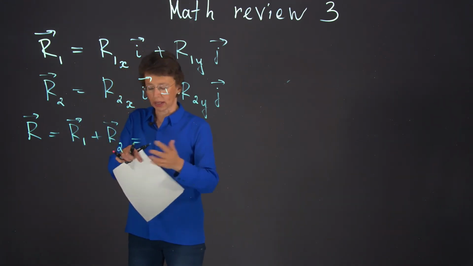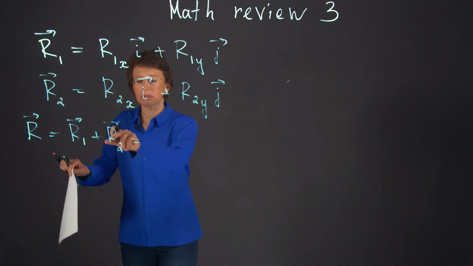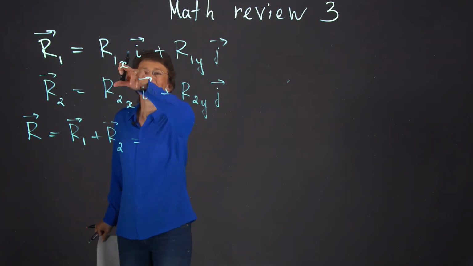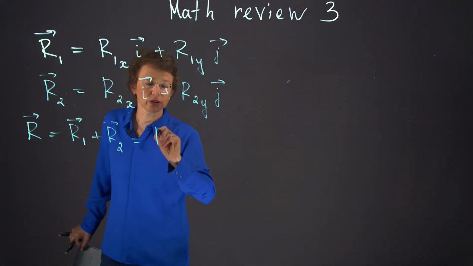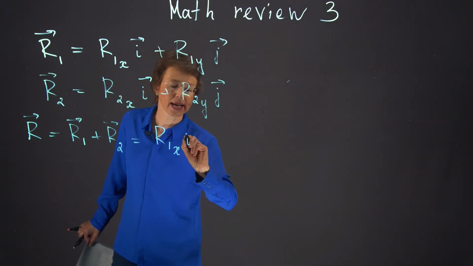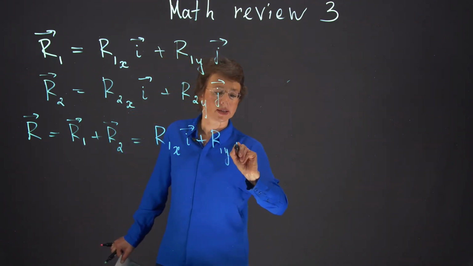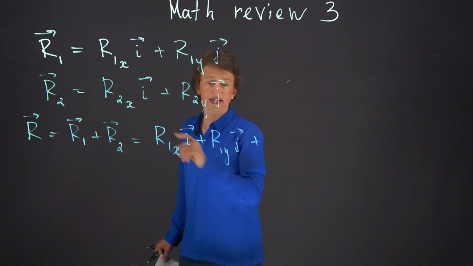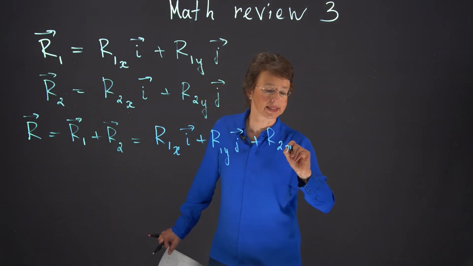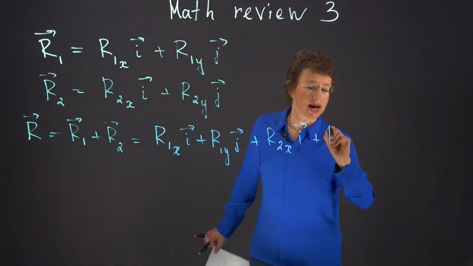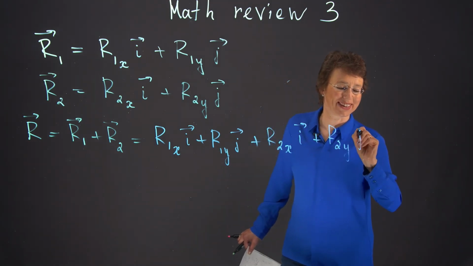How to do that? I switch color because my marker started singing. So r1, let's just rewrite it. r1x i plus r1y j, and then plus r2x i plus r2y j.